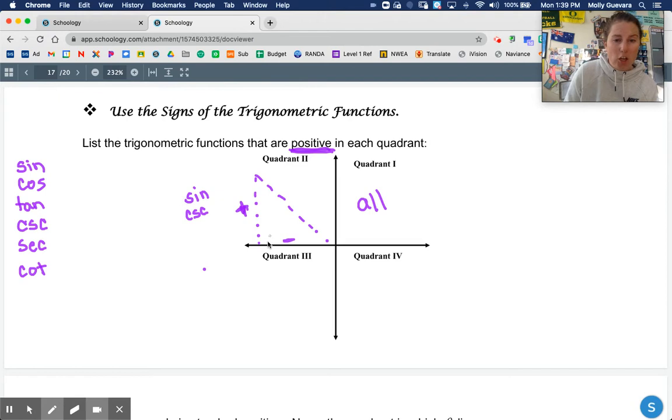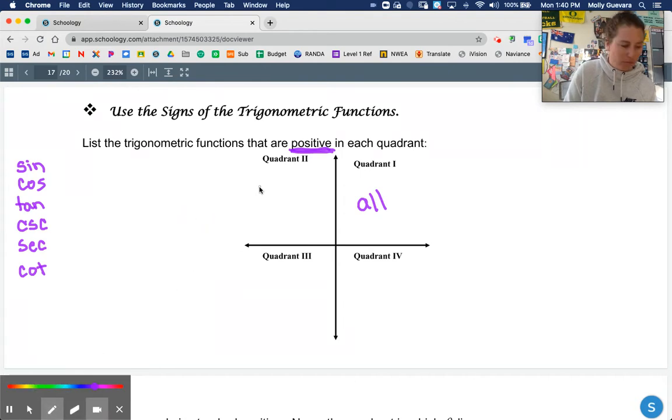Cosine is negative, which means secant is negative. Tangent would be y over x, so positive over negative, which is negative. So then cotangent is negative. So the only ones that are positive here in quadrant 2 are sine of x and cosecant of x.